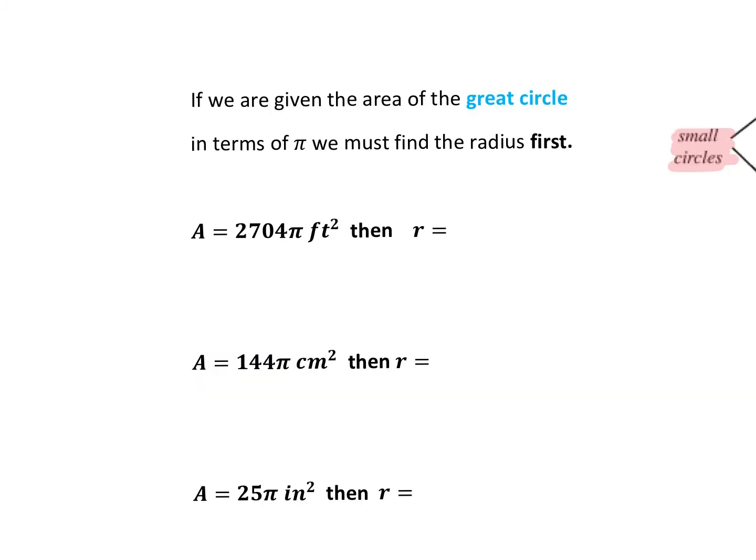Remember, the area of a circle is pi r squared. Okay. Well, in this case, I'm looking at the area given, and I only have a number and pi. Well, the number is going to be r squared. So if r squared equals 2,704, think to yourself, how do I get rid of that squared?